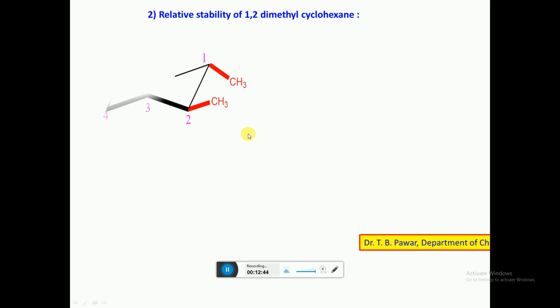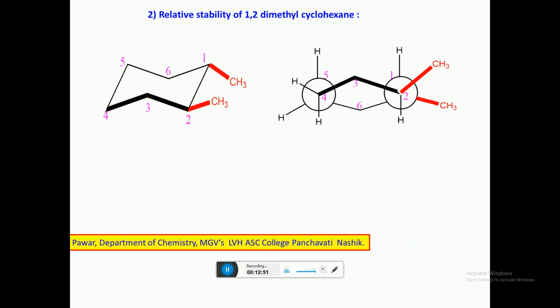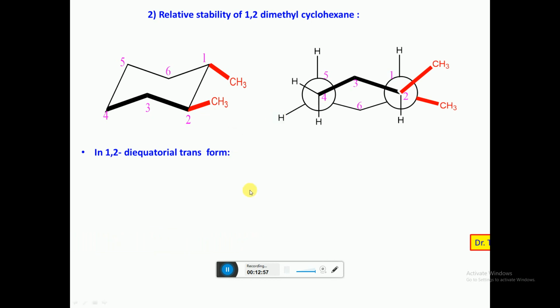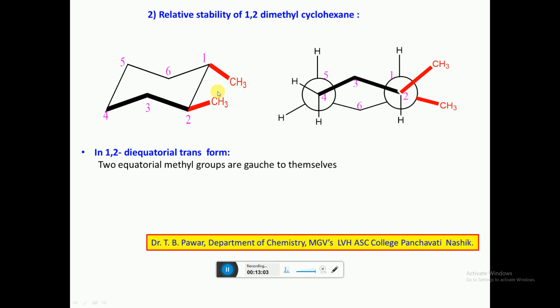Now, the relative stability of cis and trans isomers of 1,2 dimethyl cyclohexane. Here is the 1,2 diequatorial trans form.